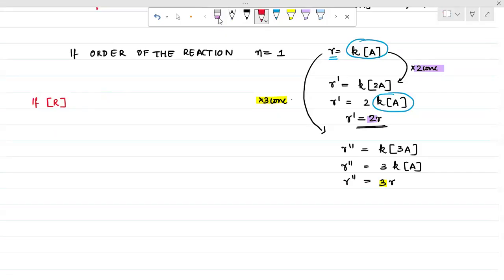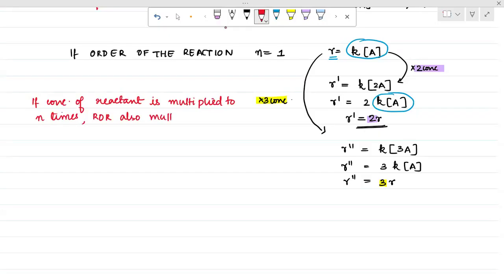If the concentration of the reactant is multiplied to n times, the rate of the reaction also multiplies by n times. Easy. Because it depends on a power of 1. Very easy.